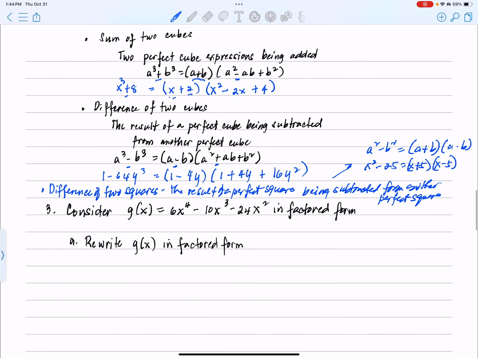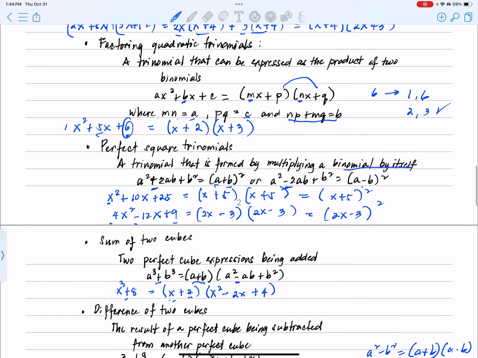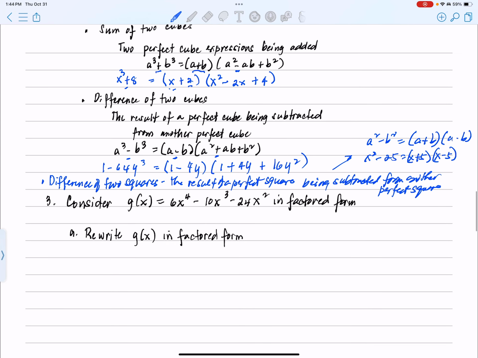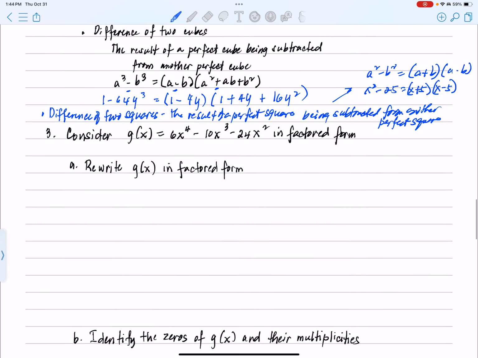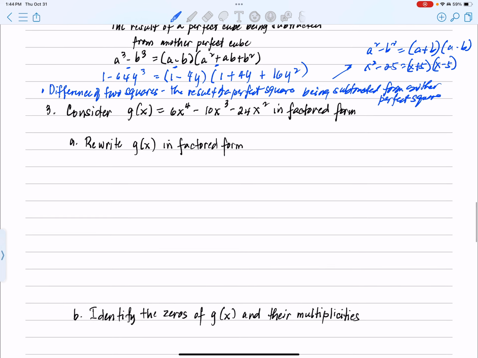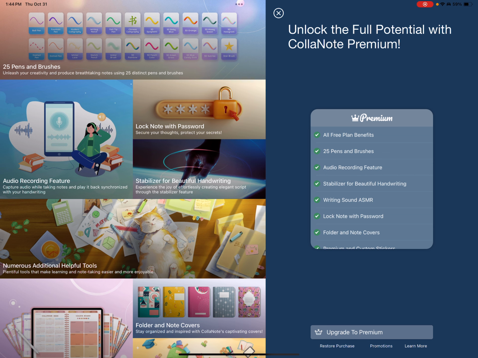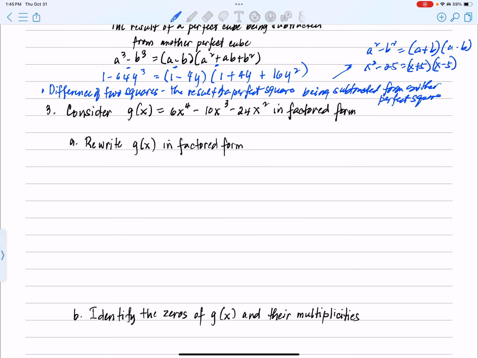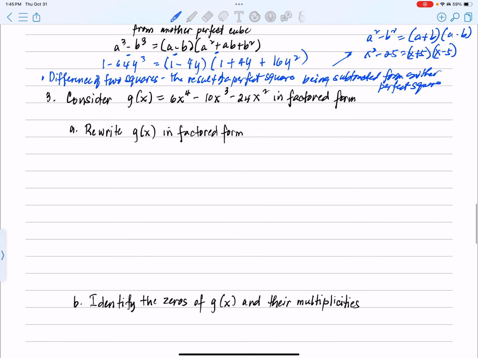All of this you have gone through in Algebra 2. I hope you remember this stuff, because we'll be using this later on. Okay, consider g of x equals 6x to the fourth power minus 10x cubed minus 24x squared.